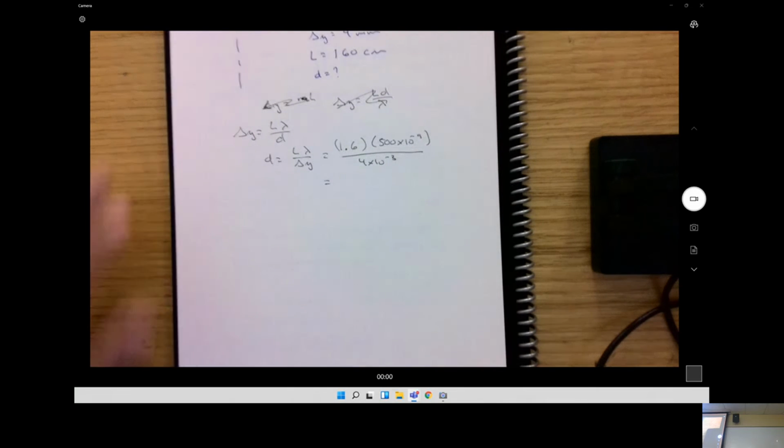Cameron, what did you get? Mine was wrong. I put 0.16 instead of 1.6. Never mind. Times 2, 500.